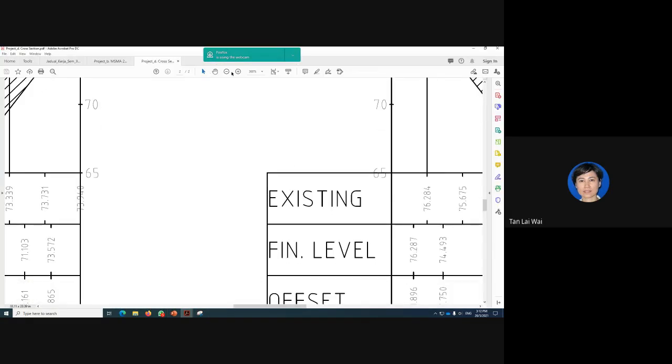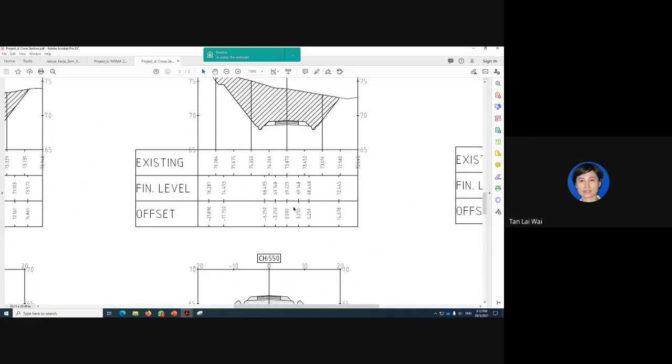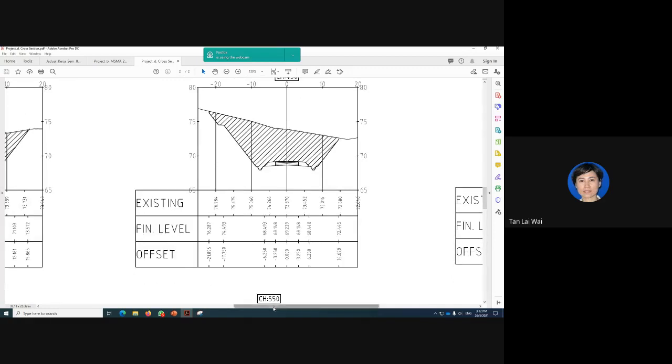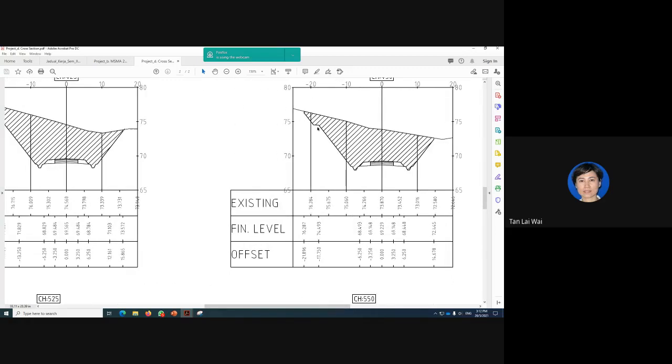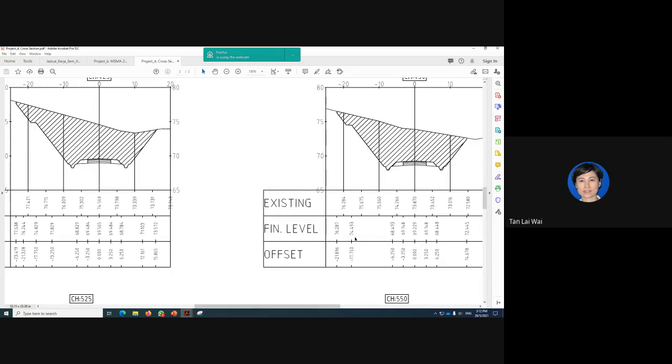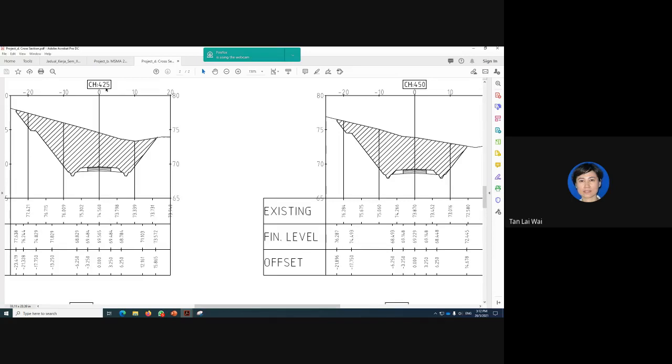450 and 425. Okay, here. So I have this 74. If you compare it, one is 74.829, the other one is 74.493. So it's going from 425 to 450.